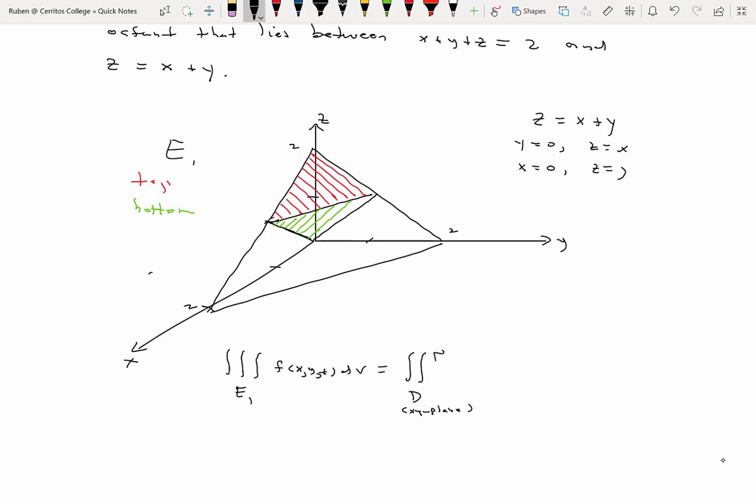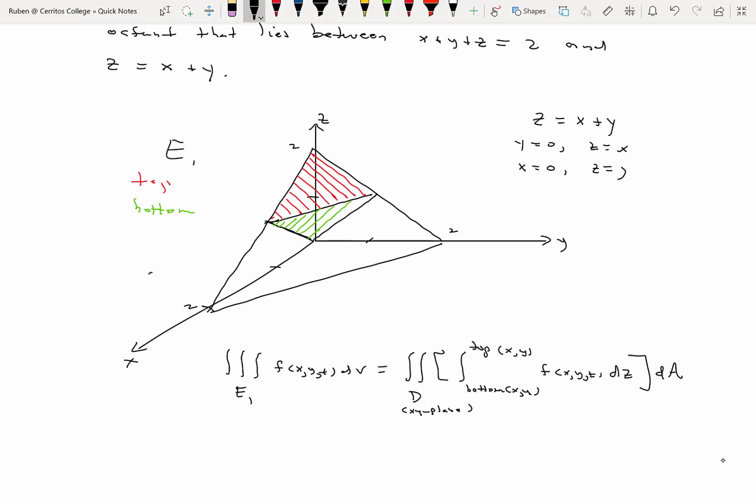We'll get that in a minute. Of the integral of the bottom function of x and y to the top function of x and y of f of x, y, z dz, and then integrate over the projection in the xy plane.